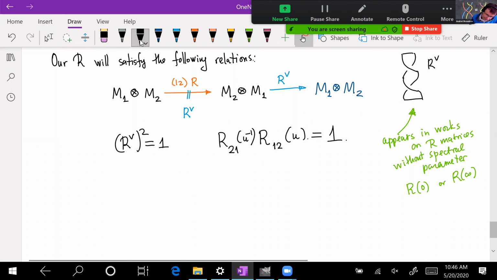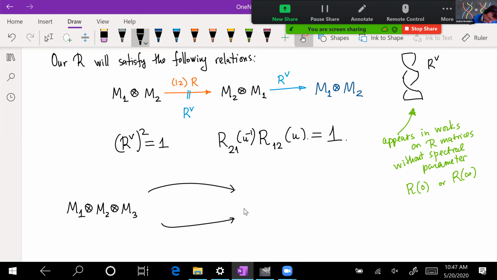And also similarly, if we want to reorder a triple product, then there are two different ways to put it in the exact opposite order. So two ways, and you'd like to compare them.